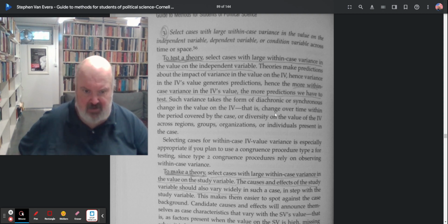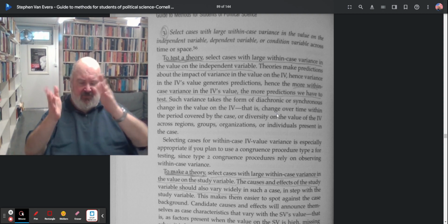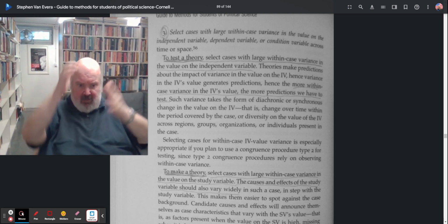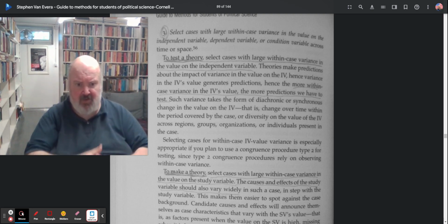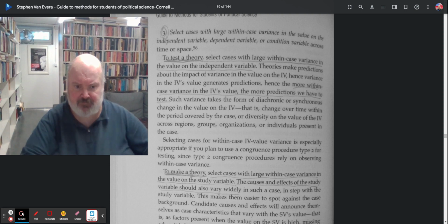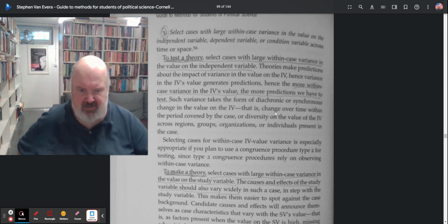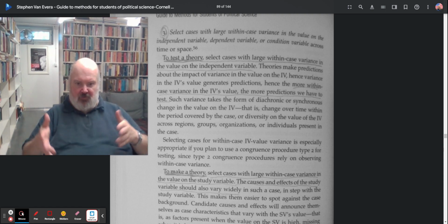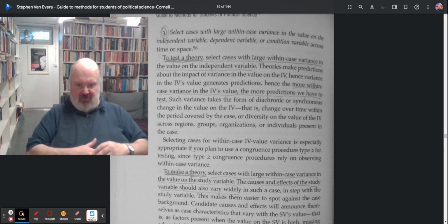That is, change over time within the period covered by the case, or diversely, on the value of the independent variable across regions, groups, organizations, or individuals present in the case. So therefore, you have two things, either across time or across groups, right?